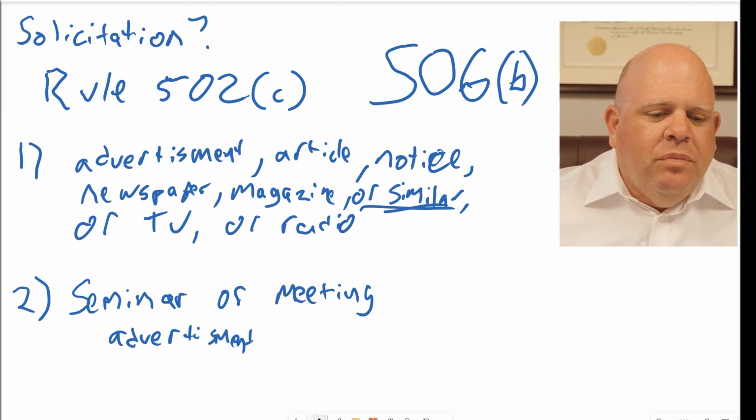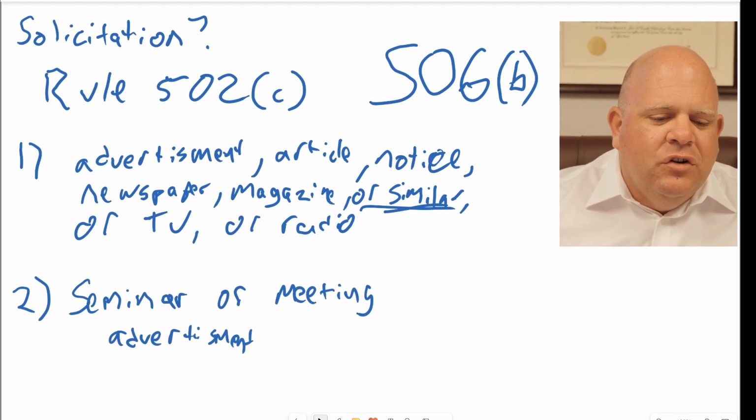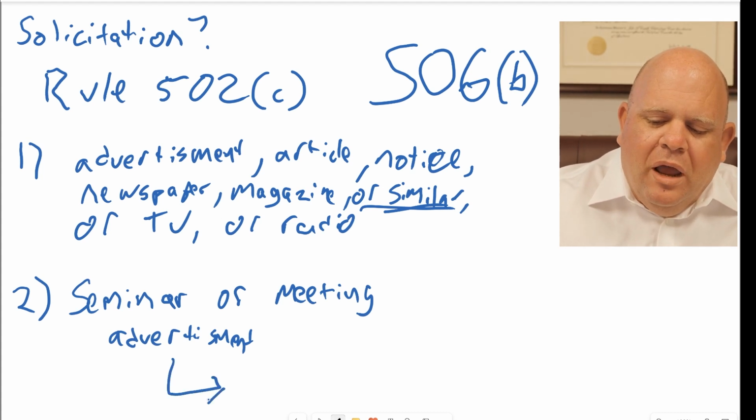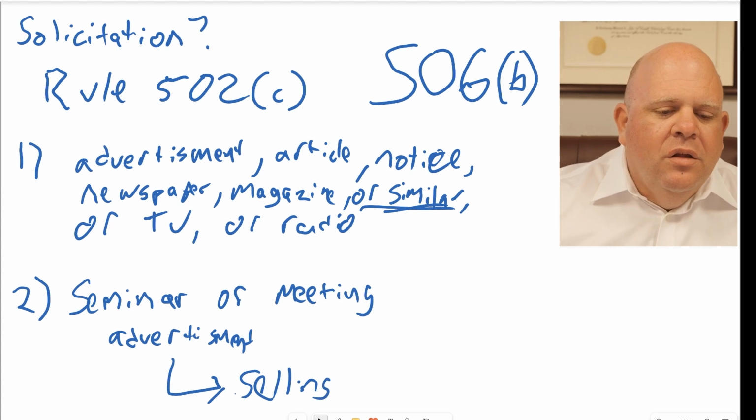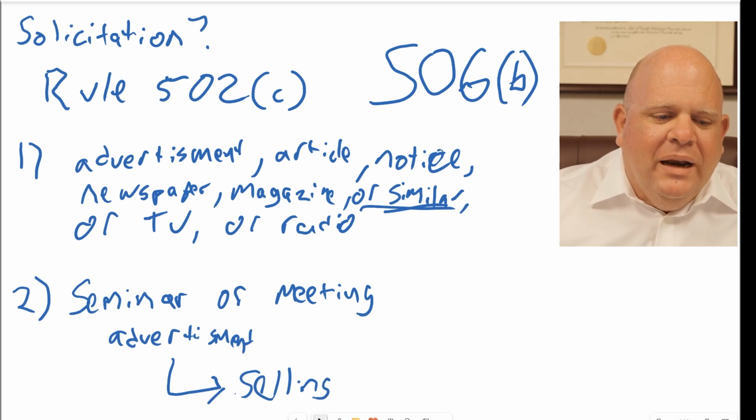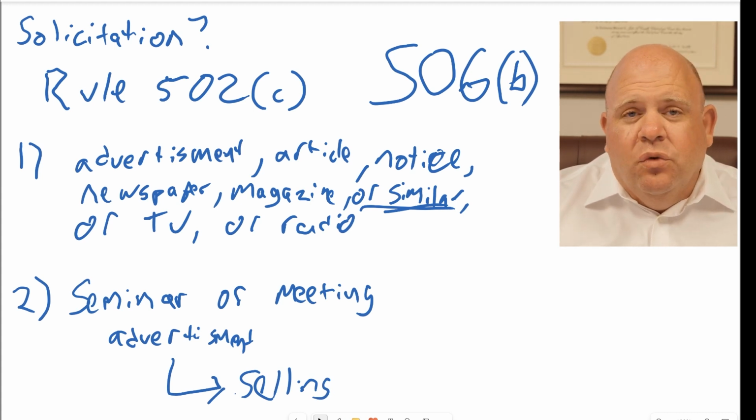So if there's been this sort of solicitation of, hey, come to my meeting, but at that meeting I'm basically selling, that's not okay. That is a solicitation as well.